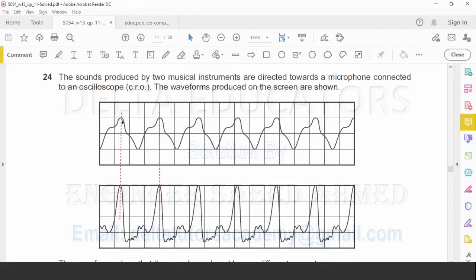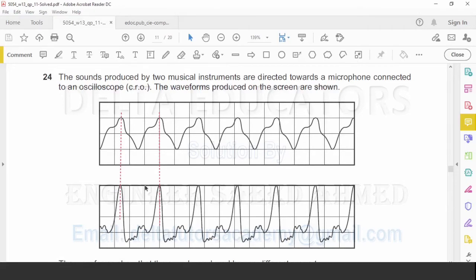Here it is the crest of the first wave and here the crest of the second wave in the first waveform, and here the crest of the first wave and the crest of the second wave in the second waveform. The distance between two consecutive crests in the first waveform and in the second waveform is the same.